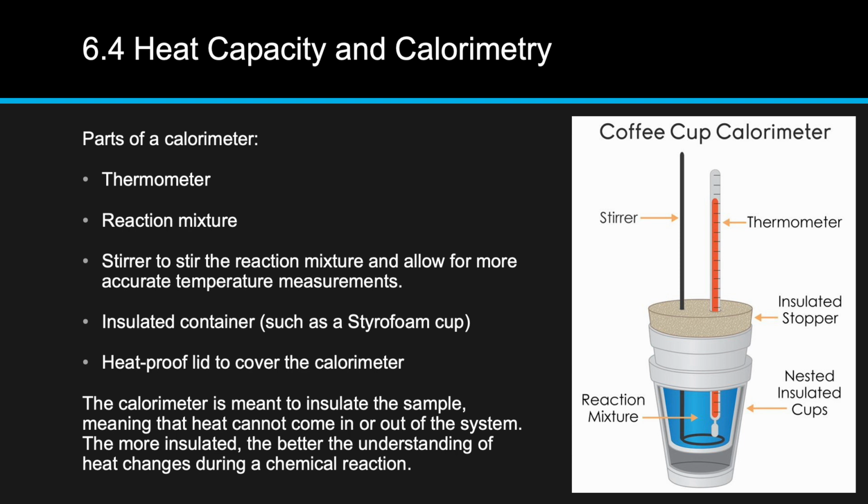Those are usually nested together, which is going to minimize heat loss. And then a heat-proof lid or stopper is going to sit on top to reduce heat exchange with the air. The goal of this setup is to create a nearly isolated system so that most of the heat gained or lost comes from the reaction itself rather than the surroundings. The better the insulation you have, the more accurate your heat change of the reaction is using a thermometer.